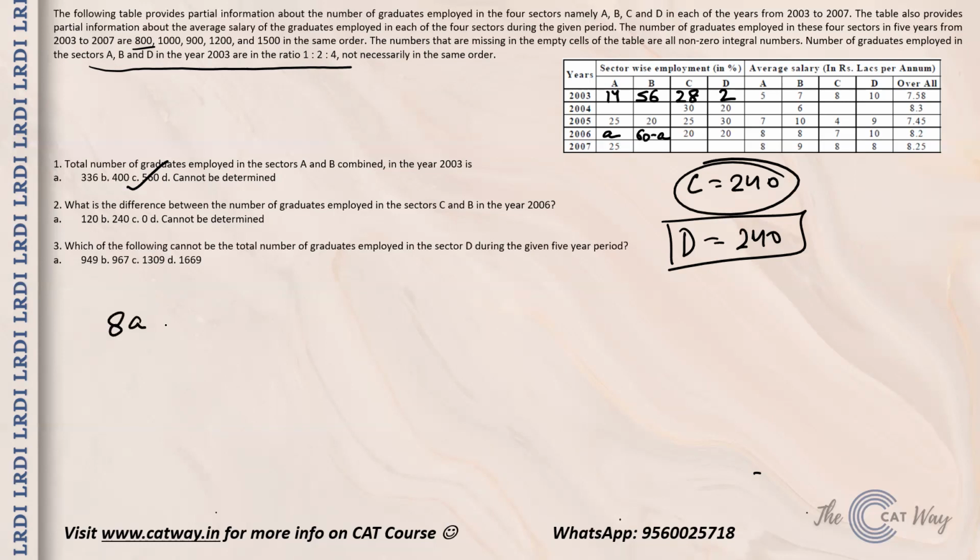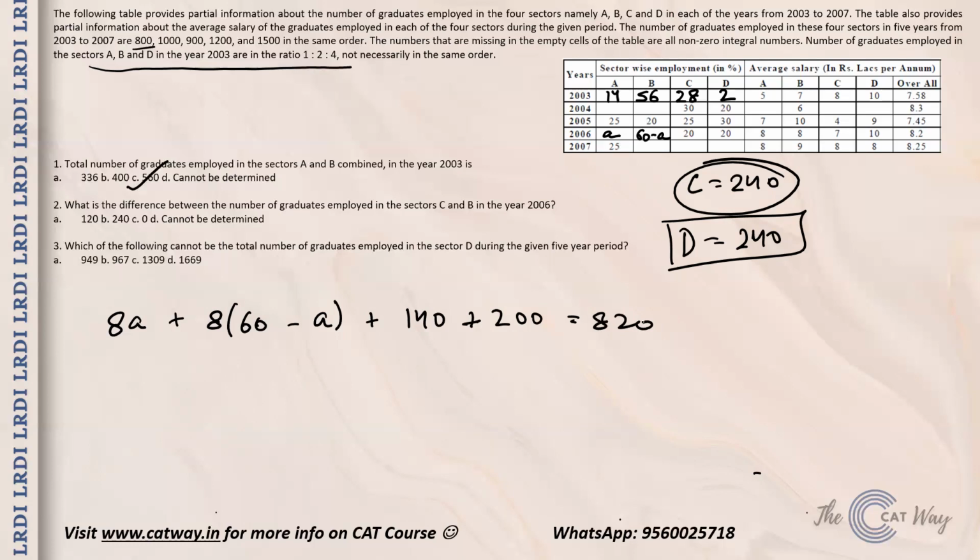That is 8A plus 8 into 60 minus A plus 20 into 7 is 140, plus 20 into 10, that is 200, and that is equal to 8.2 into 100, that is 820.